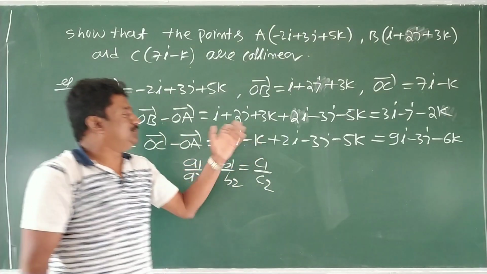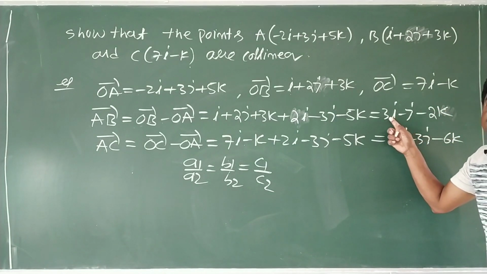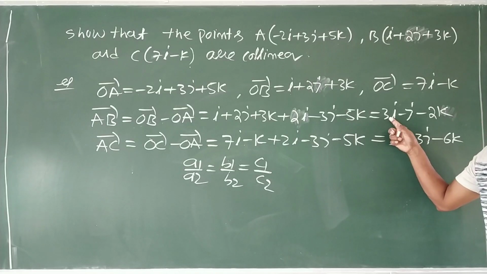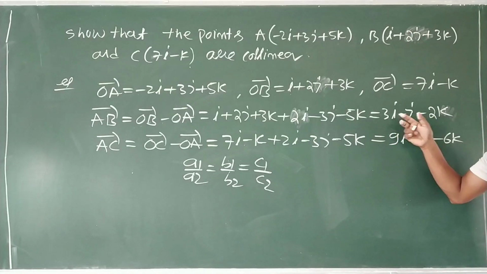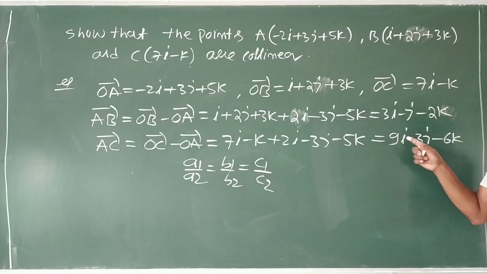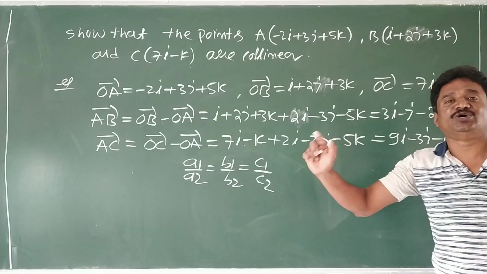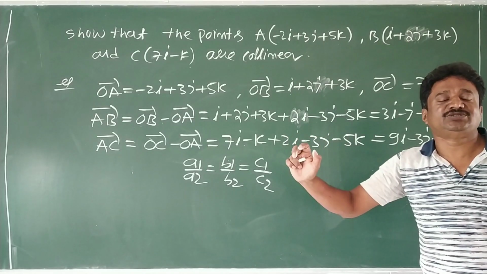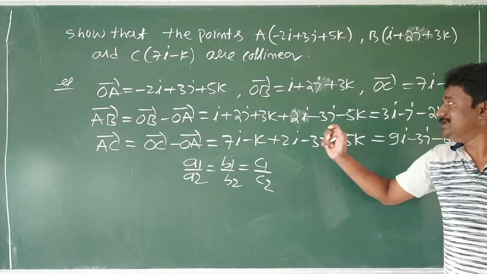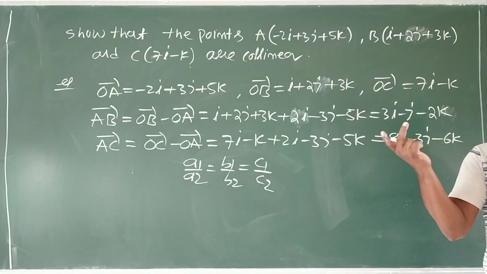Tell me the DRs of this vector: 3, minus 1, minus 2. DRs mean direction ratios, which are the scalar components, the coefficients of i, j, k. These are a1, b1, c1, and this is a2, b2, c2.